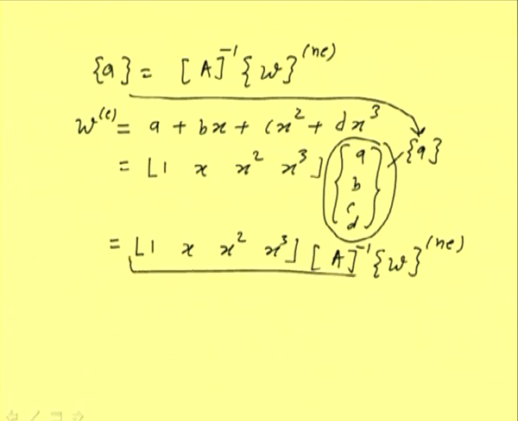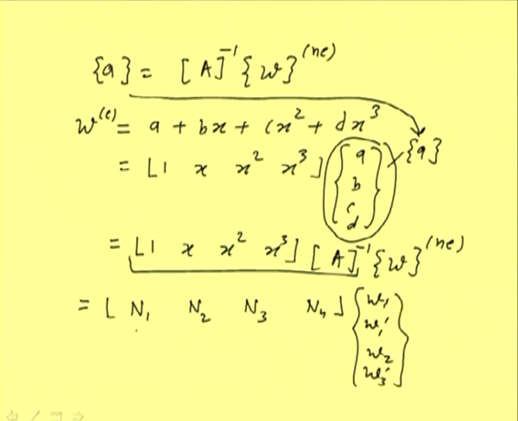Now we will combine these two, so we will get 4 terms. I am writing N1, N2, N3, N4, multiplying W1, W1 prime, W2, W2 prime. Now I will give expressions for these shape functions. They are called shape functions.